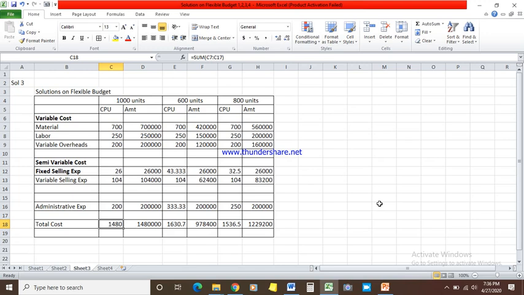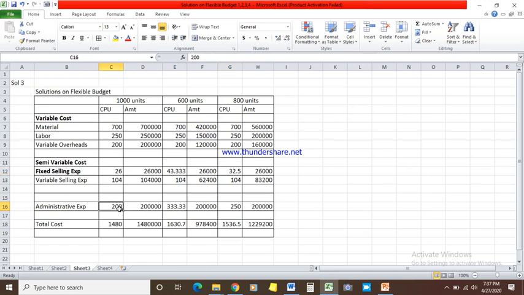The main point we need to understand here is that as production increases, the fixed cost per unit is going to reduce. If you observe, the fixed selling cost is 26 rupees at 1000 units, whereas for 600 units it comes to 43, and for 800 it comes to 32.5.